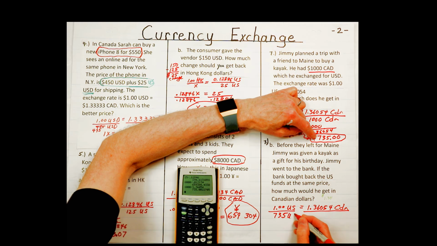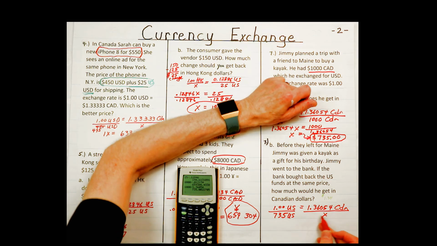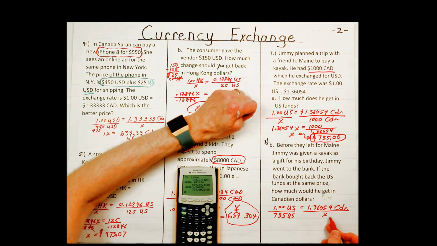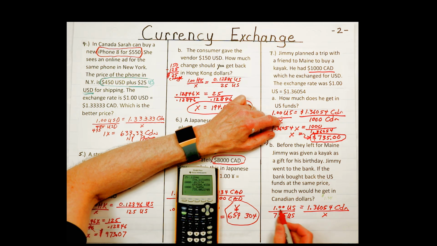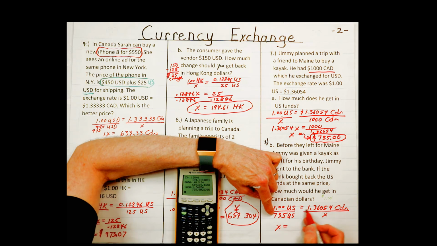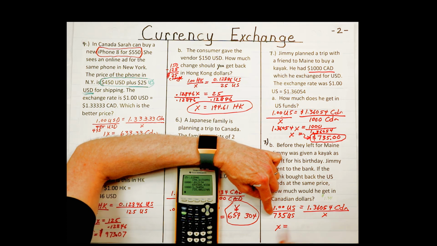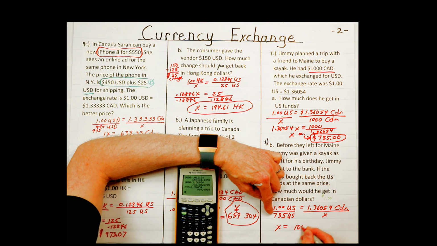US dollars with US dollars. And we're going to figure out how much Canadian money he's going to get back. So if we cross multiply this time, 1 times X is 1X, or just X. And 735 times 1.36054 is equal to $1,000.